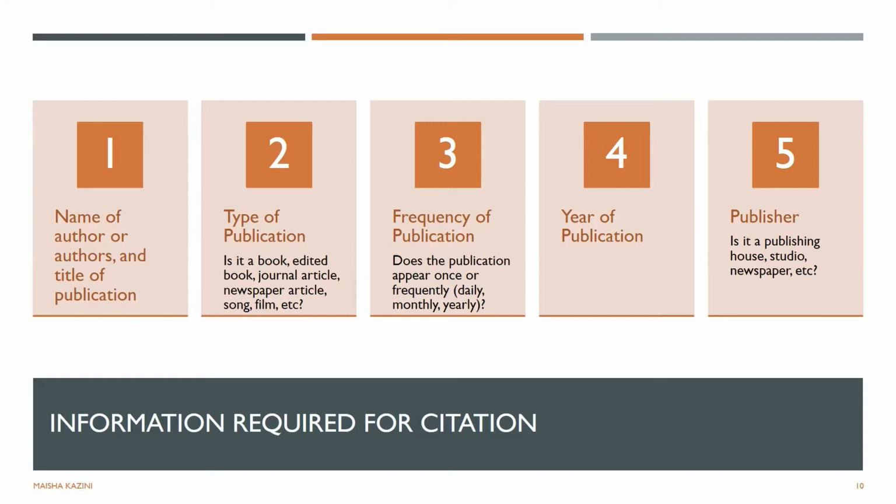The other information we need to know is the year of publication. When was this publication released? And the next information we need to know is the publisher. Is the item published by a publishing house for books and other printed materials, or is it by a studio for film and audio-visual material, or is it a newspaper, and so on.